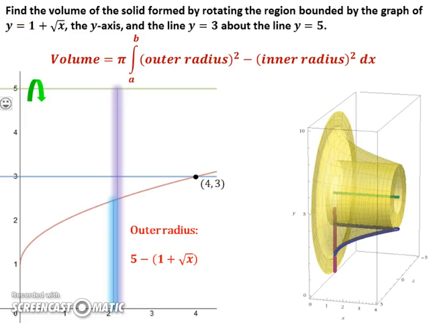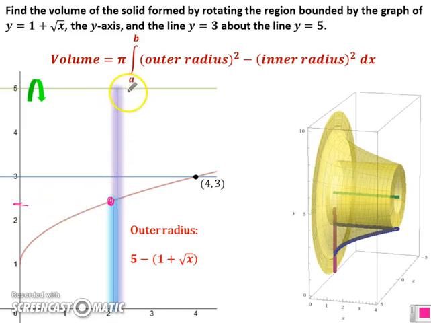We take the distance of y equals 5, and then the distance of y equals 1 plus the square root of x, which just depends on where we are. As soon as I know the x value, I would plug it in and it would give me this y value. It would tell me the distance right here.